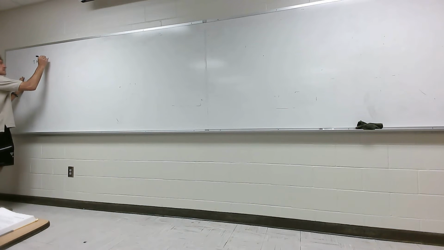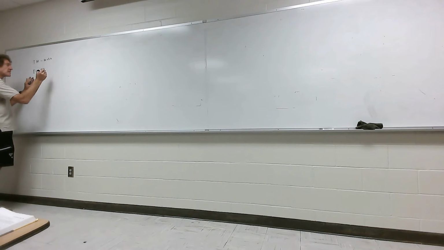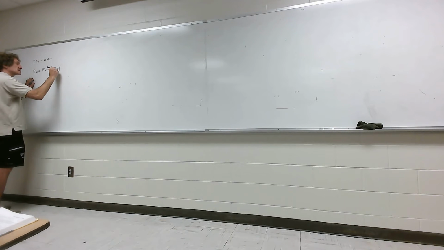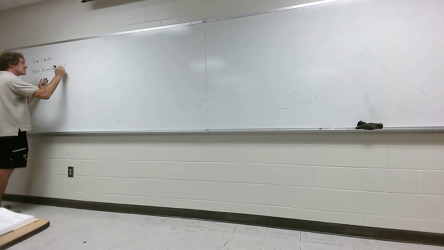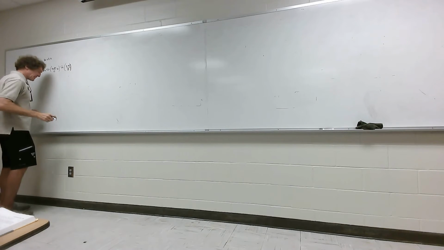TM mode. Here, the general field equation starts with Ez equal to some E0, and I'm talking about the standard waveguide, times the sine of m pi over a times x, times the sine of n pi over b times y.